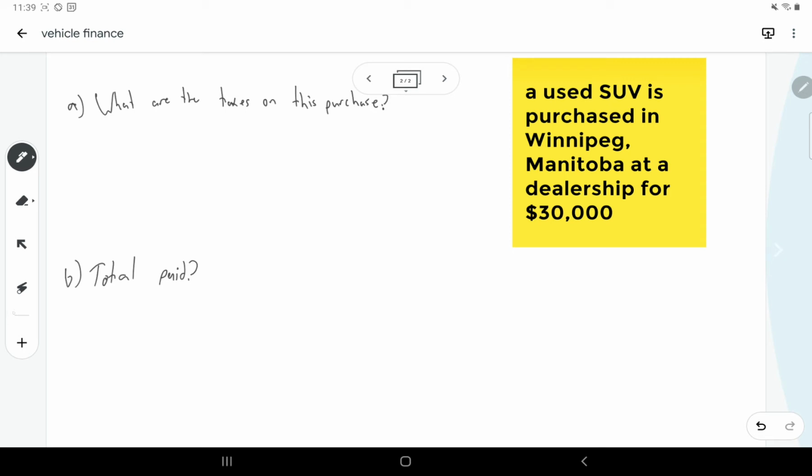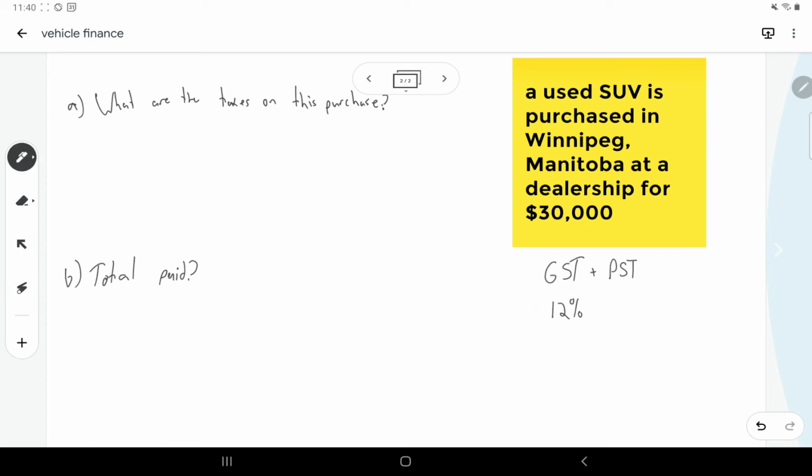First things first, in Manitoba, if you purchase at a dealership, that means that both GST and PST apply. So we know that's going to mean a 12% tax. So we've got 12% of $30,000. But we can't use 12% just as a percent in our equation.